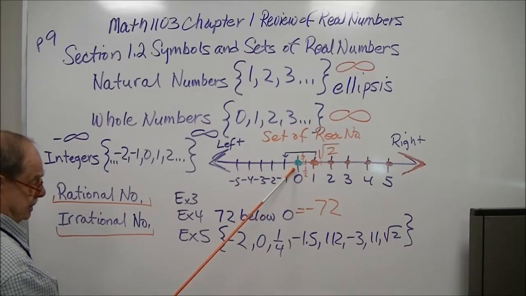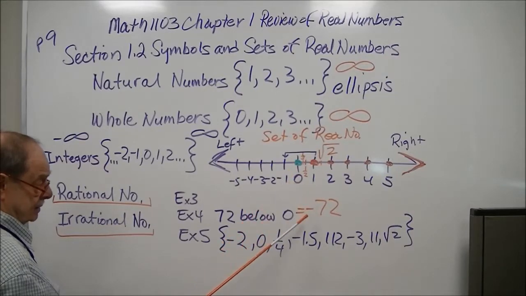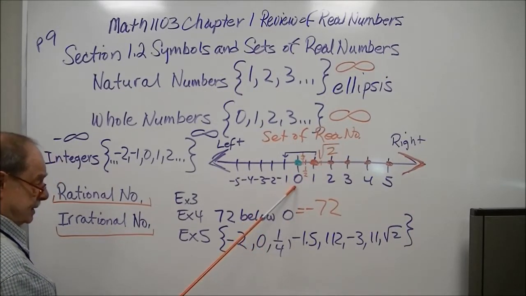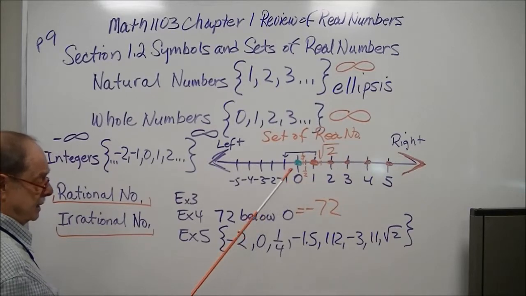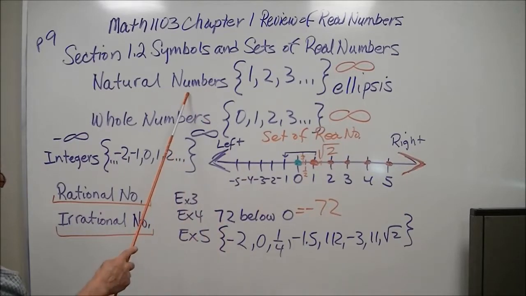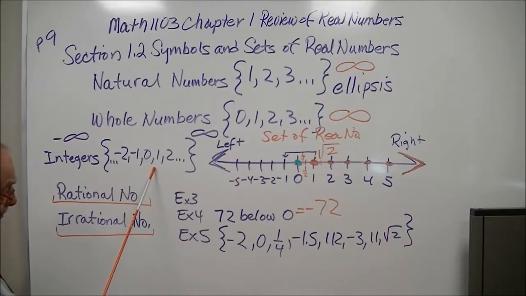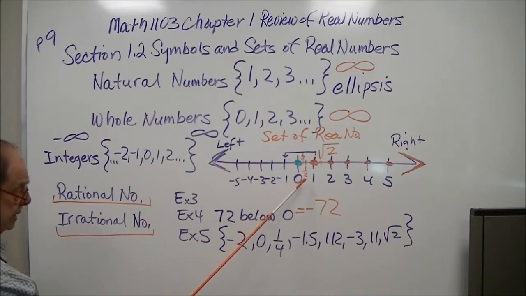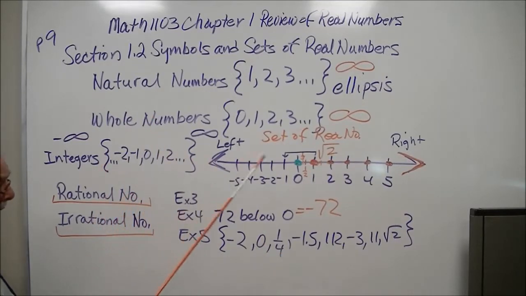Well, we see it's a whole number, it's not a natural number, it's an integer, and it's a rational number, and of course a real number. 1/4 is not a natural number, it's not a whole number, it's not an integer, but it's on the number line, and when we convert it to its decimal fraction, it's 0.25. So it's a rational number and a real number.